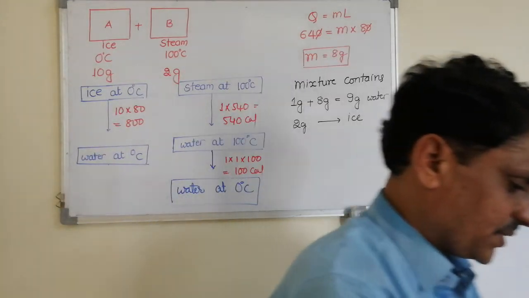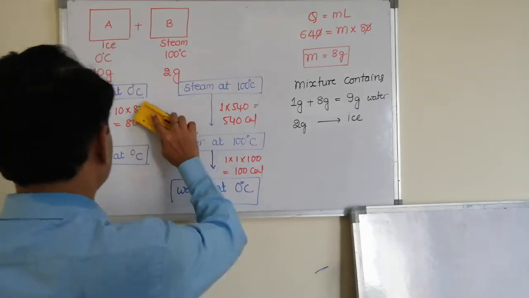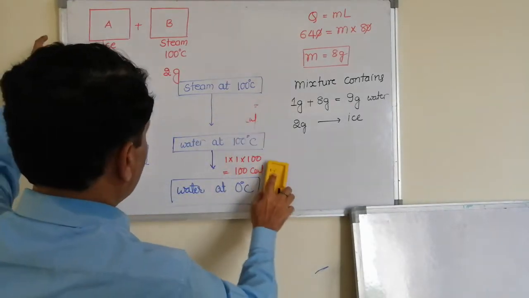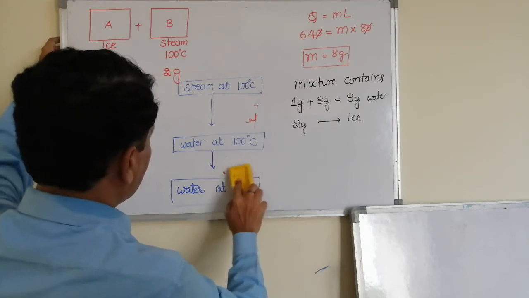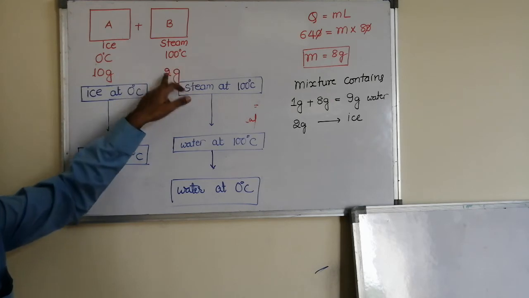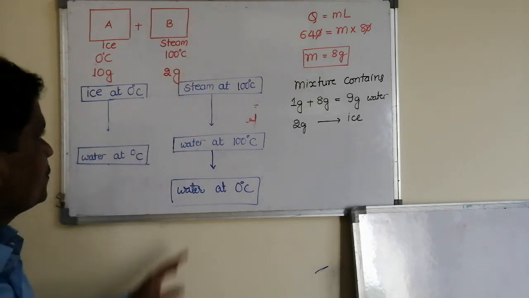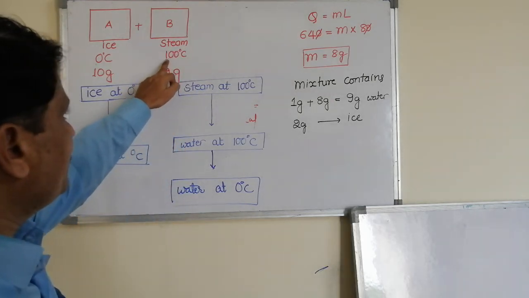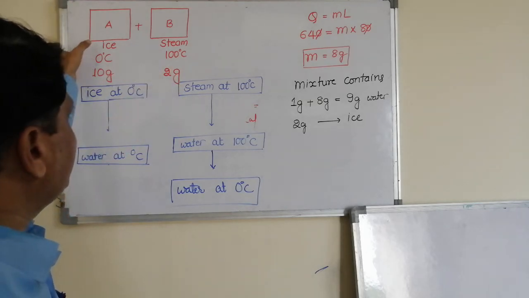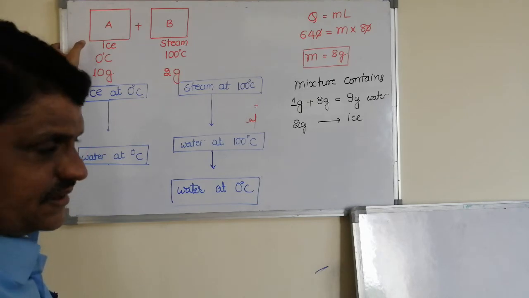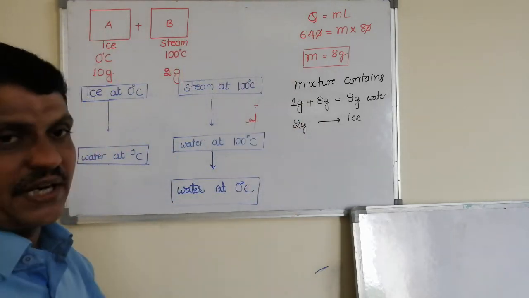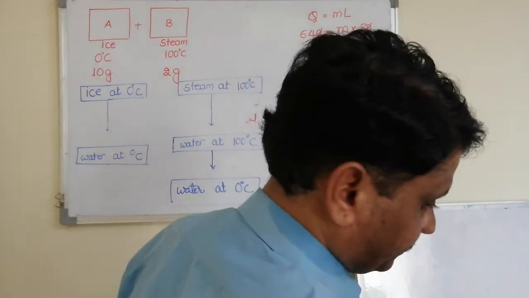Then what is the question? The question is, when 2 gram of steam at 100 degree Celsius is passed through 10 gram of ice at 0 degree Celsius, then what is the mixture and what is the final temperature of the mixture, and so on.